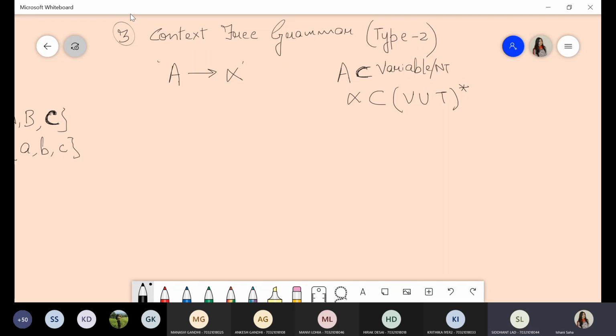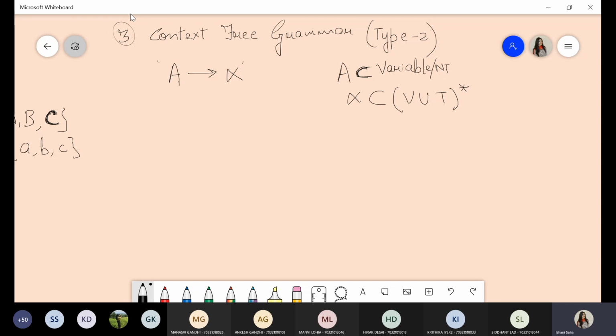Ma'am, can you repeat from the restriction start? Okay, the only allowed type of production is capital A tends to alpha, written on the board, where capital A is a variable or a non-terminal, strictly.